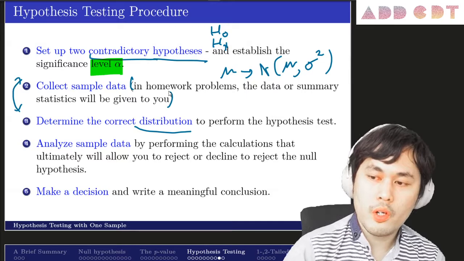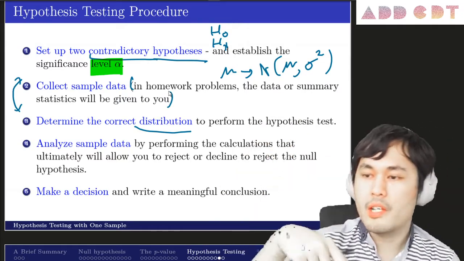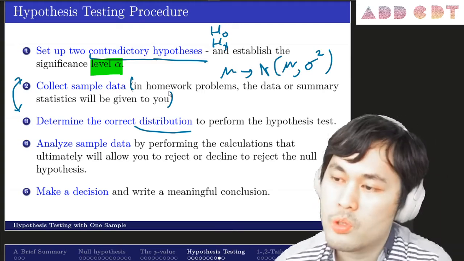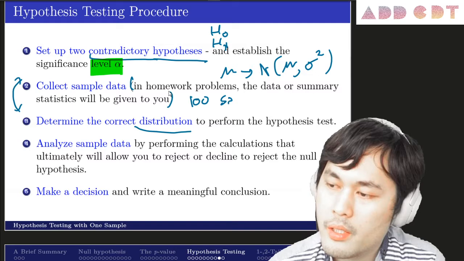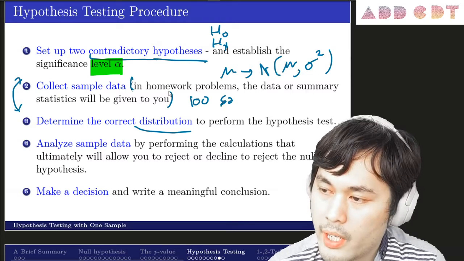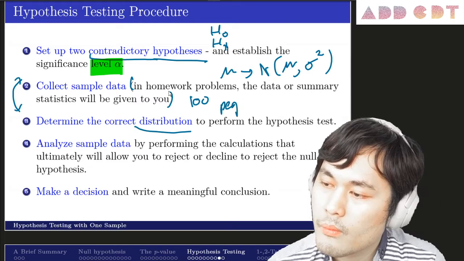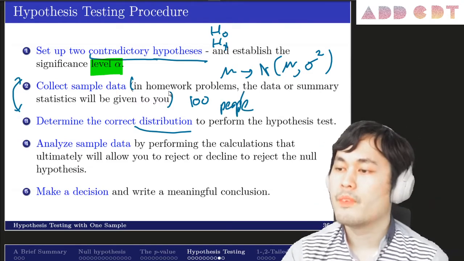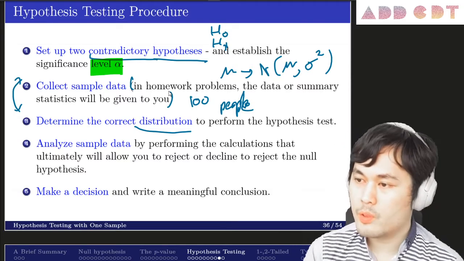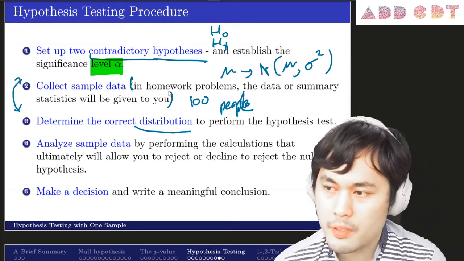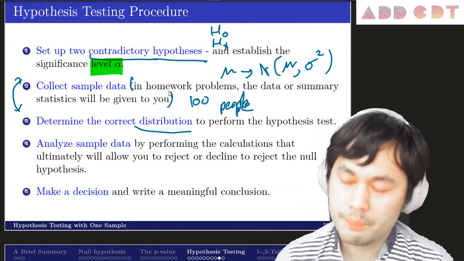So you know the distribution even before you collect. But sometimes you don't. Sometimes you plan to take a questionnaire from 100 people, and since that number is high enough, you can assume that the mean, the average, is going to follow the normal distribution.